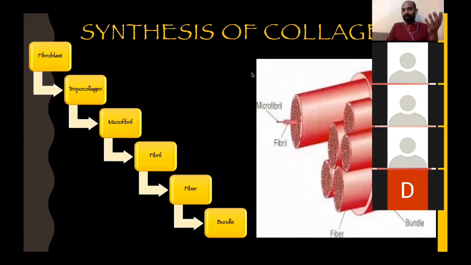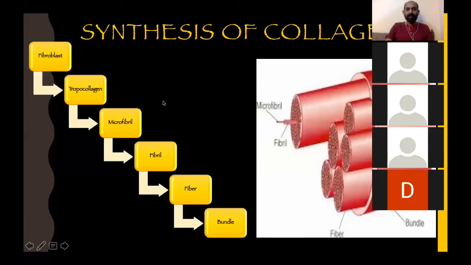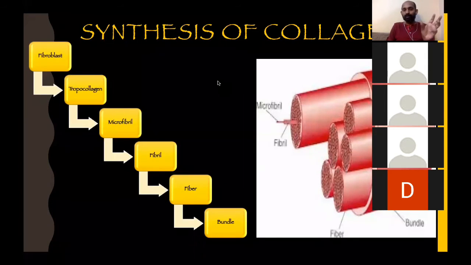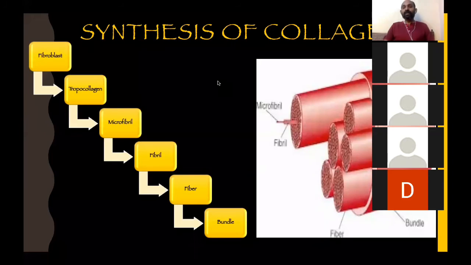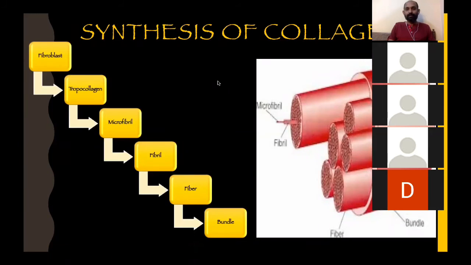We said there are cells of the periodontal ligament, namely synthetic cells and resorptive cells. So the fibroblast would be the most important or primary synthetic cell. So the fibroblast should be one of the cells of your periodontal ligament.